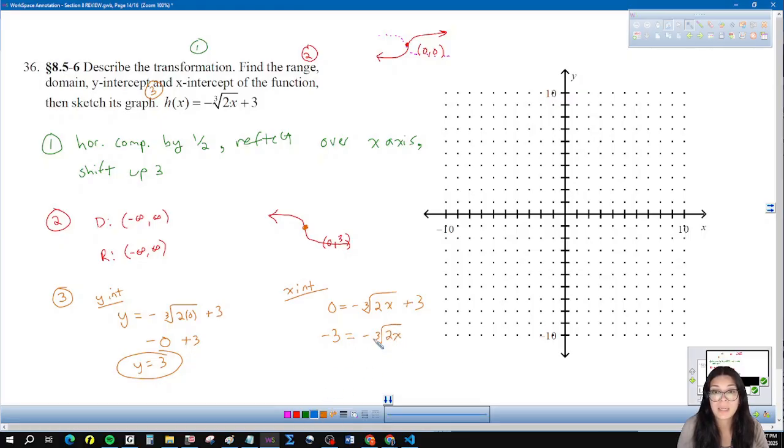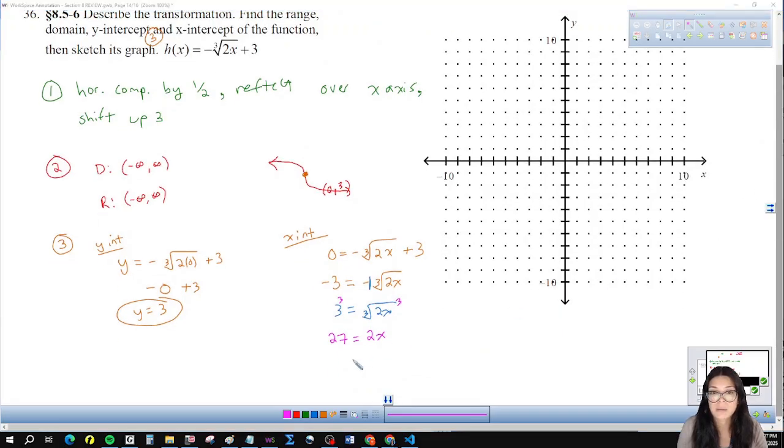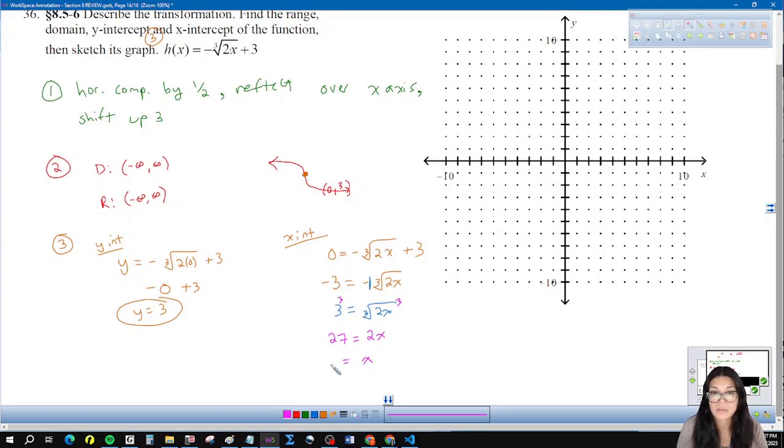Divide both by a negative to get rid of that negative 1 in front. We get 3 equals the cube root of 2x. Cube both sides to get rid of the cube root. 3 to the power 3 is 27. So 27 equals 2x. Then divide by 2. Our x-intercept is 27 over 2.